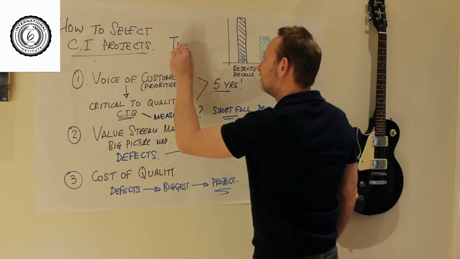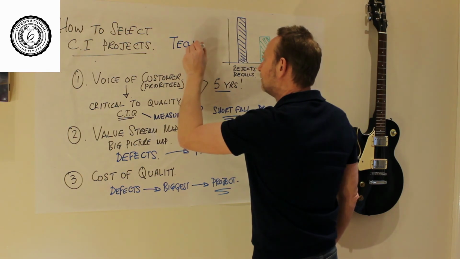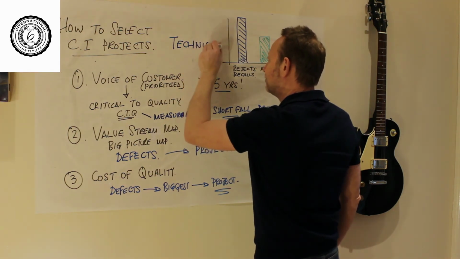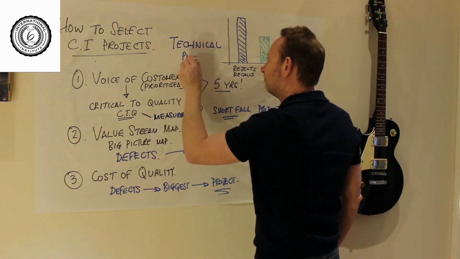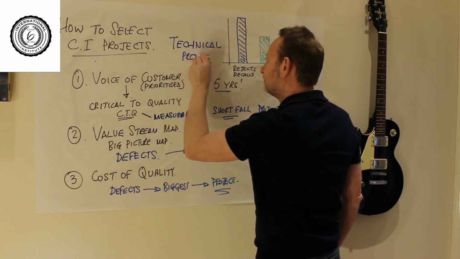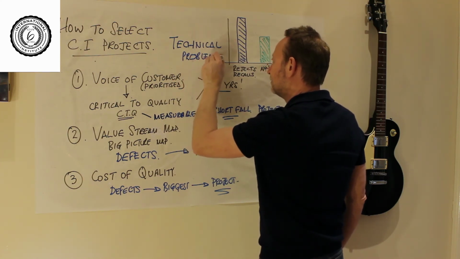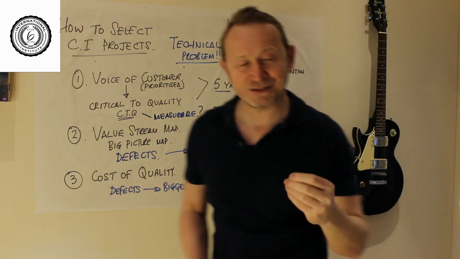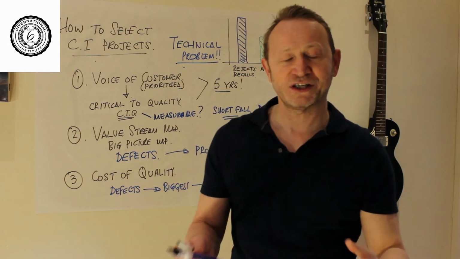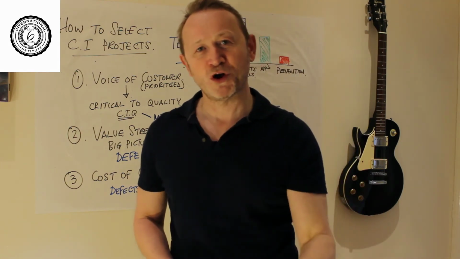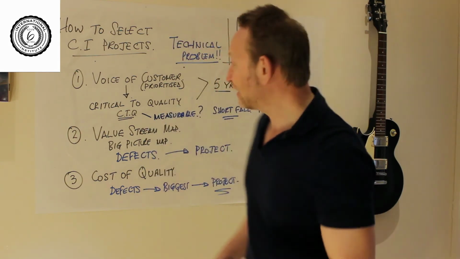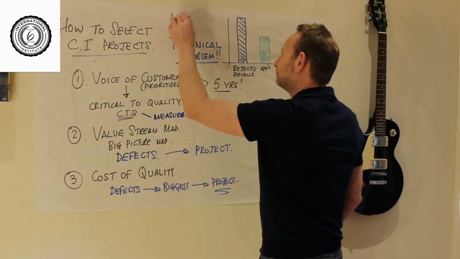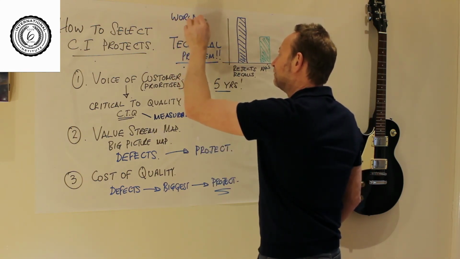And the one last thing to say about the Six Sigma project that's really important, it should be a technical problem. The Six Sigma toolkit is world class technical problem solving.